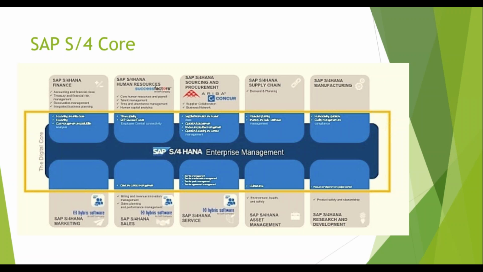Now, even after using the SD functionality, you may want some additional functionalities which are available in Hybris. For example, a web-based portal to create the orders. In that case, it is optional whether you want to activate this or not. But the core is something which is already available within SAP S4.